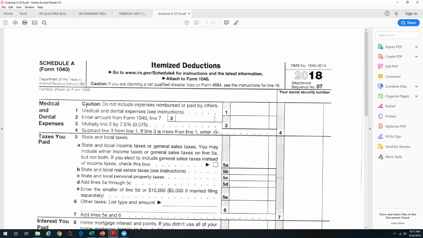Yeah. So remember, you should have a copy of your schedule layout, and a copy of your Form 1040 along with the schedules out. What line on the Form 1040 do you put your deductions?